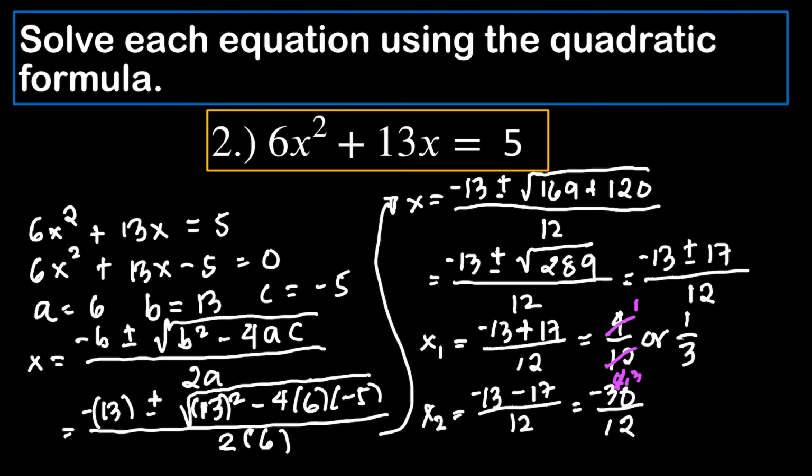So we have 6 times negative 5 in the numerator, and 6 times 2 in the denominator. Taking out 6, what is left in the numerator is negative 5, while in the denominator is 2. So the simplest form is negative 5 over 2. So the two solutions are 1/3 and negative 5 over 2.